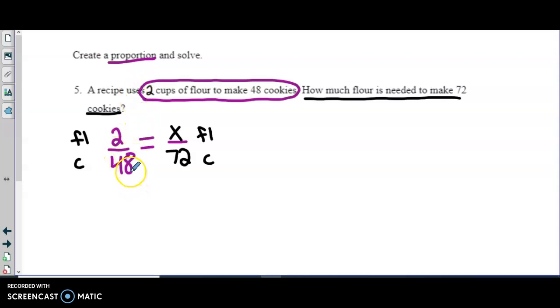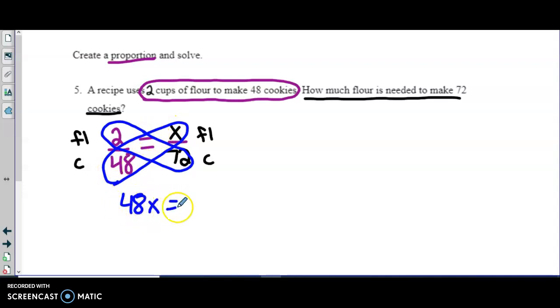Now, I like my x to come first. In the last couple of examples, I was cross multiplying these first. But remember, it doesn't matter the order. I like my x to come first in my equation, so I'm going to do 48 times x first. That way I get the x on the left-hand side, which is the way I usually like to look at it. And then I'm going to do 2 times 72.